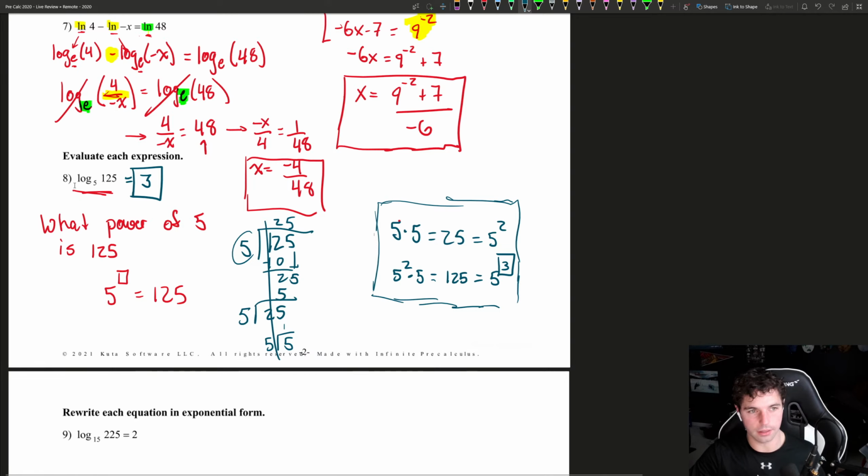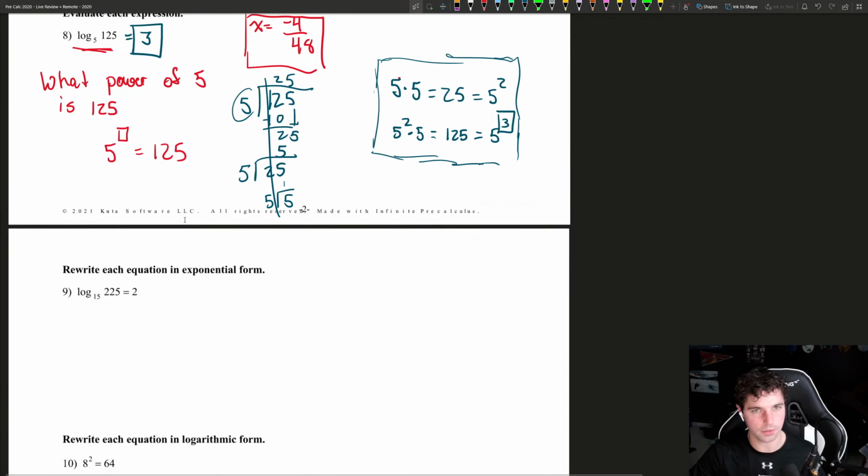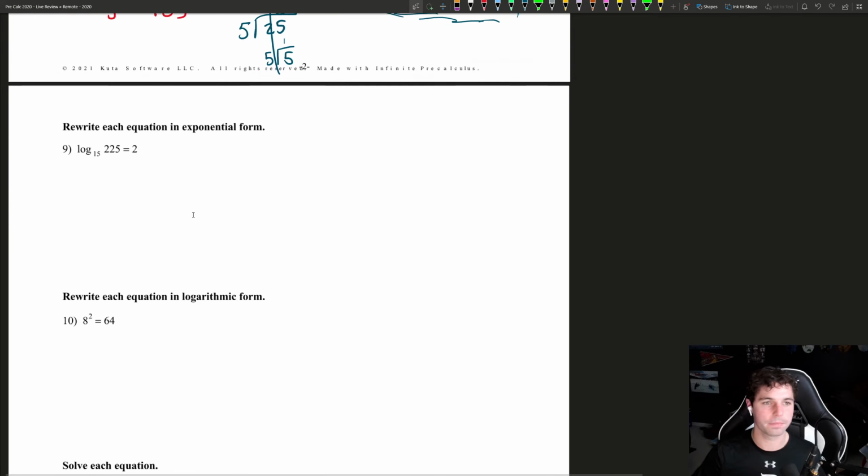And then actually, number 8 is harder than number 9 because number 9 already kind of gives you the answer. Way up above, way earlier, I explained the definition of log, right? So log base a of x is equal to b means the same thing as a to the power of b is equal to x.